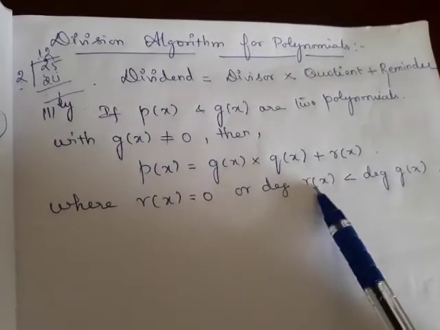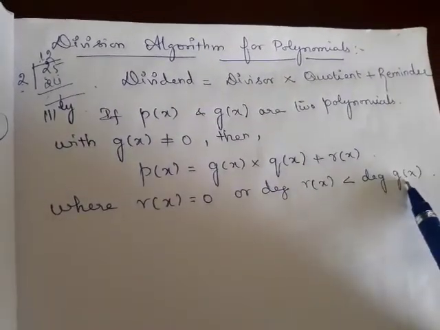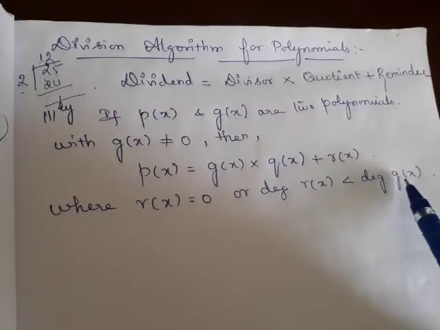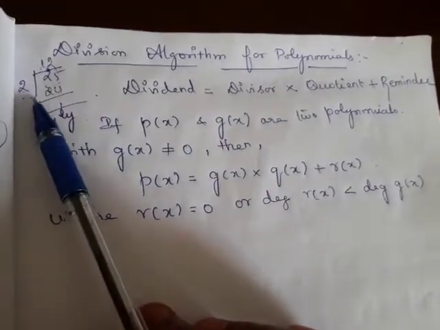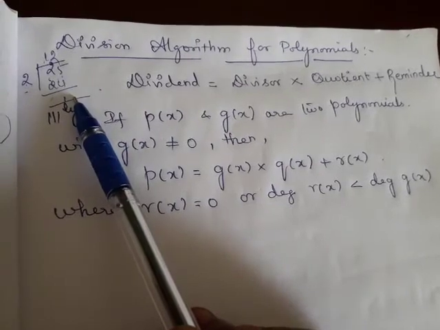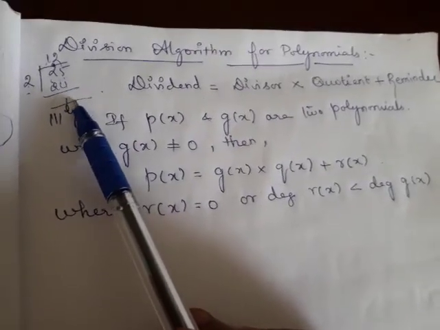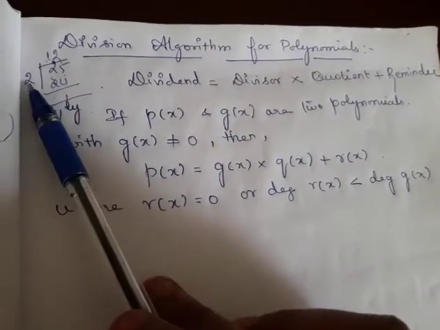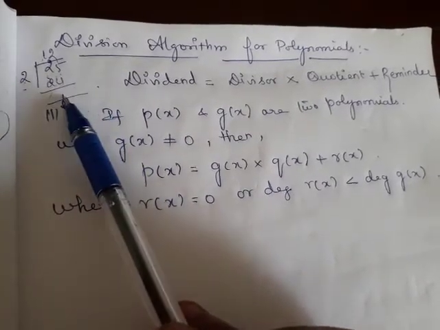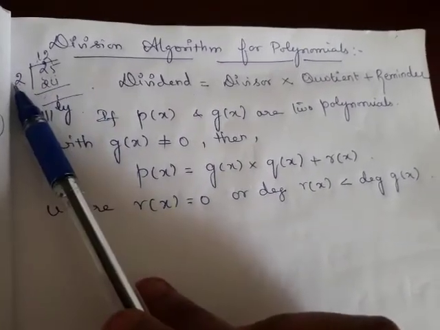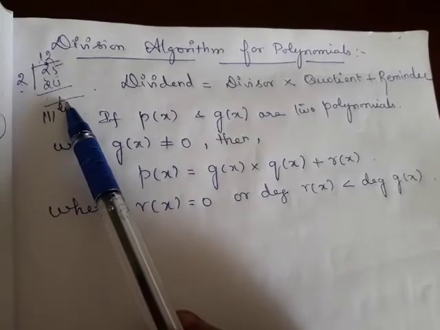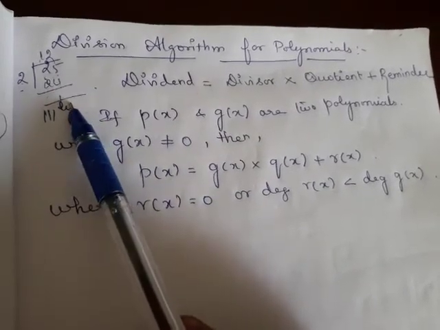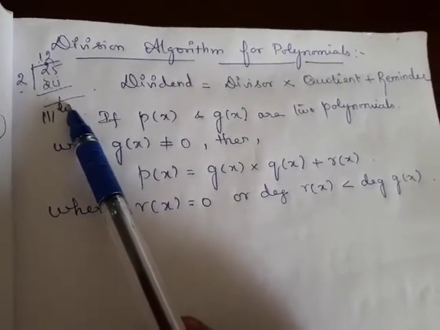Or the degree of r of x should be less than the degree of g of x. g of x is nothing but the divisor. So either the remainder should be 0 or the remainder should be less than the divisor. Obviously when we are dividing, we won't get a remainder more than the divisor, right? We will always get a number less than the divisor. The same way, when we talk about polynomials, we talk about degree.